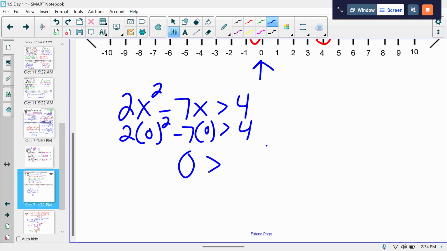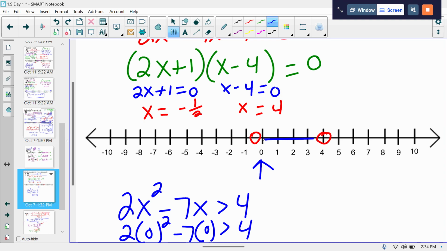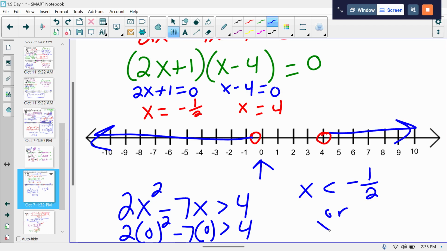And this says 0 is greater than 4. No, it's not. It's less. So I'm not going to shade here because 0 is in the middle section. I'm going to shade all the things less than negative 1/2 or all the things greater than 4.